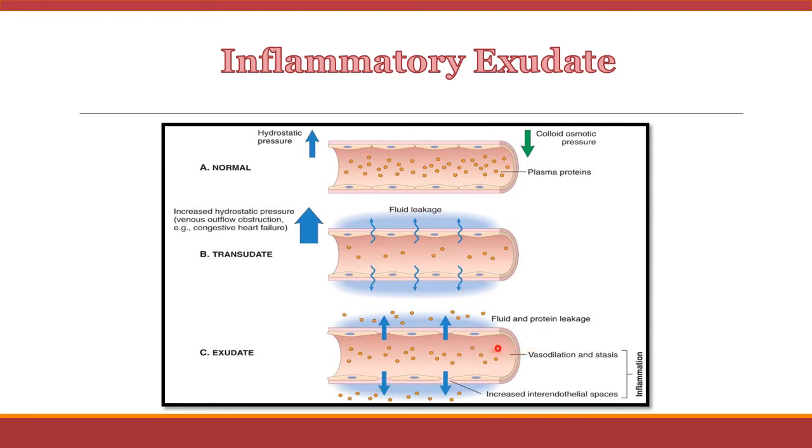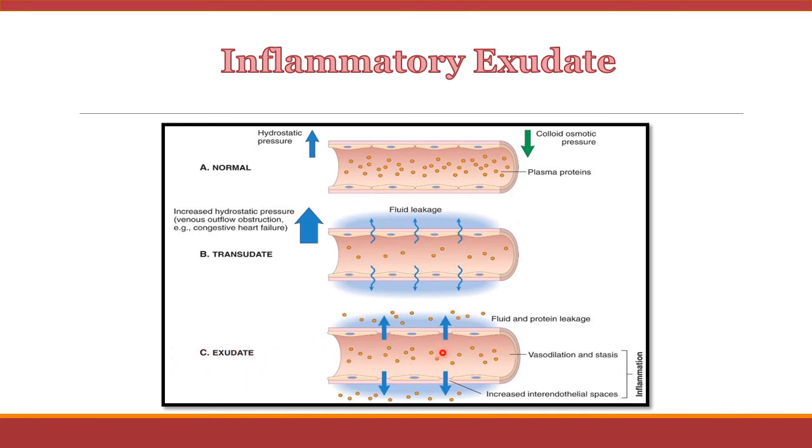So this increase of the hydrostatic pressure is leading to more fluid outside, and also because of the gaps between the endothelial cells, not only the fluid is getting out, but also the proteins and also the cells. So this cocktail of fluid, proteins, and cells getting outside the vessel in cases of inflammation is called exudate.